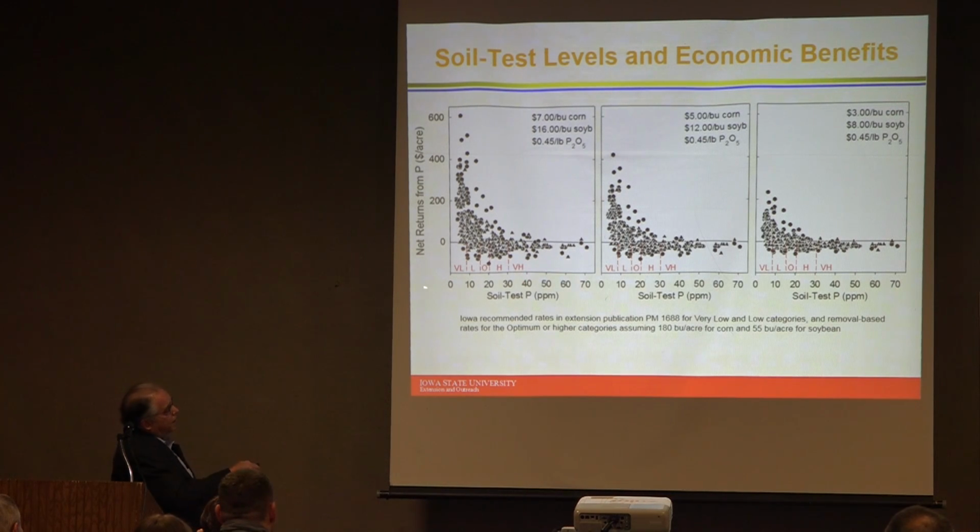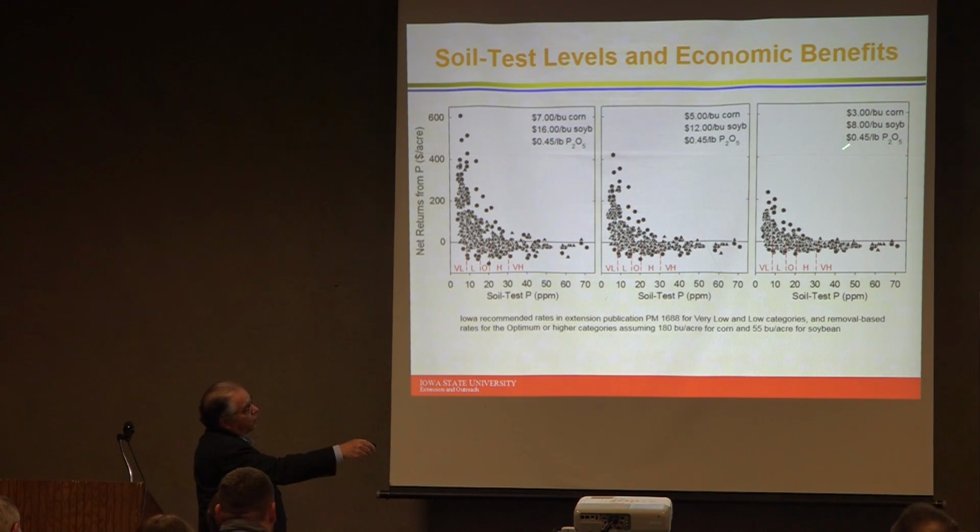So it is obvious that as soil-test values increase, and I put here the interpretation classes, the level of profits decreases. But if you look at this, in spite of the variability, even with horrible prices, we are not quite here yet. In the very low and low, there is a predominance of profits.